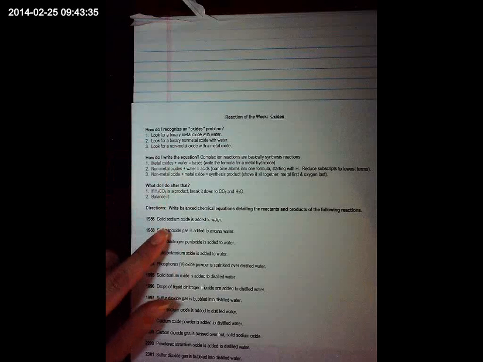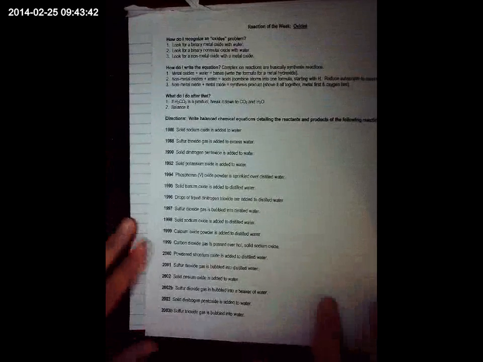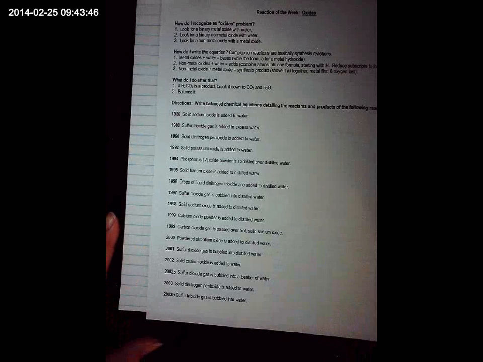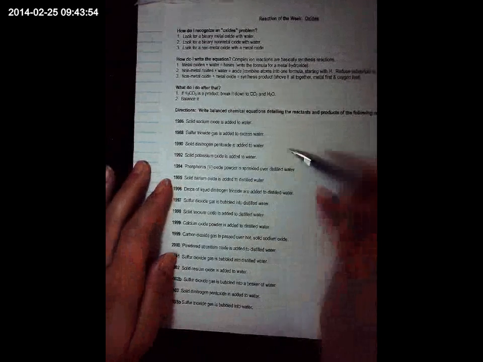The way that you recognize these questions is that you're either going to have a binary metal oxide or a binary non-metal oxide with water. If you look at 1986 to 2003, you'll notice that it's a fairly popular category for them to ask. In most every case, take a look.